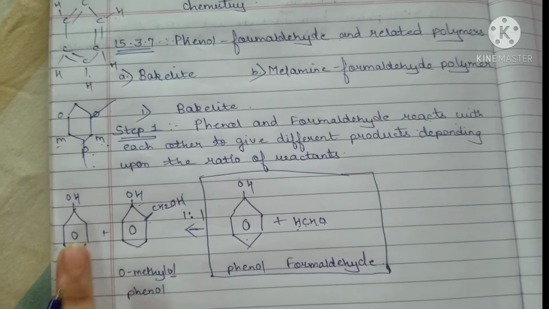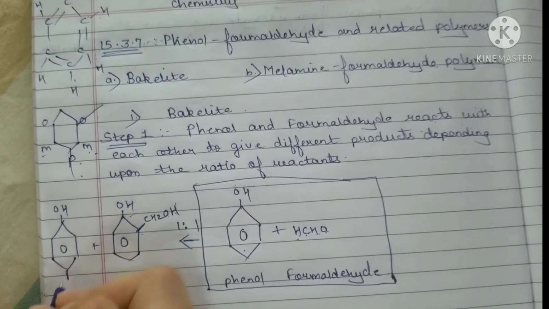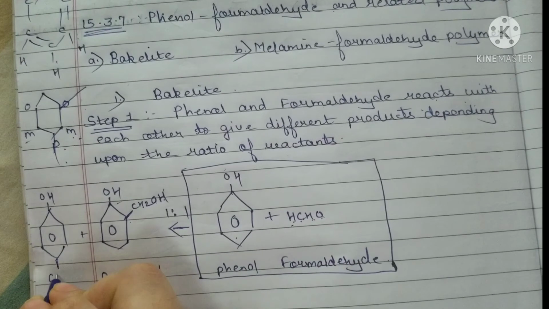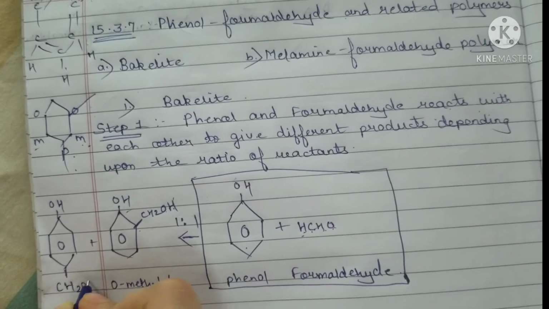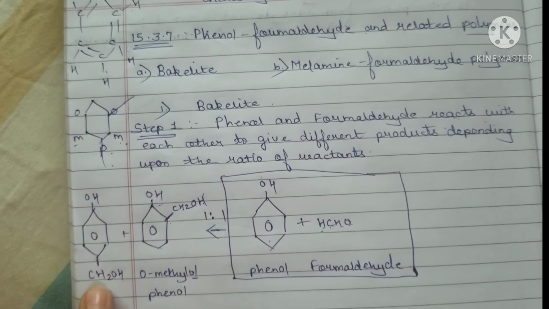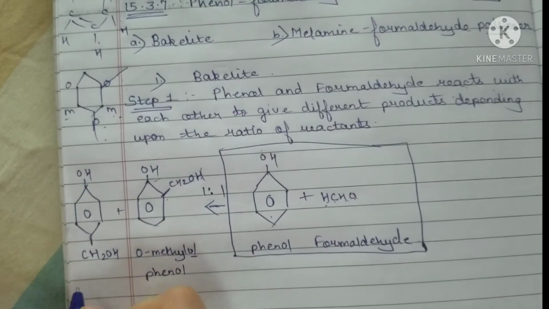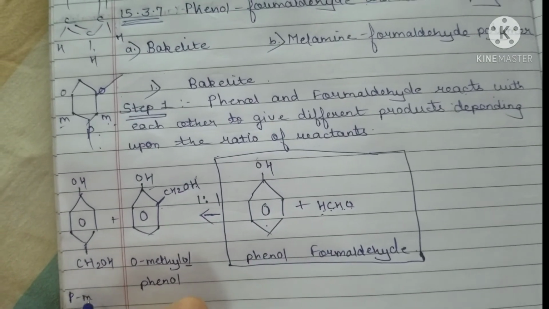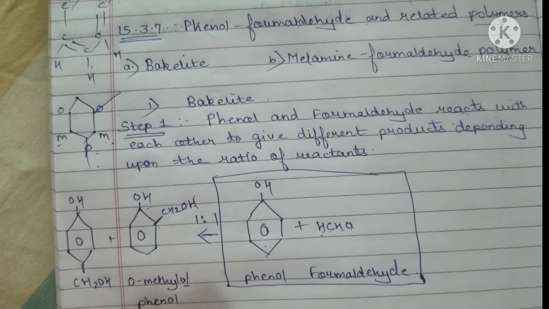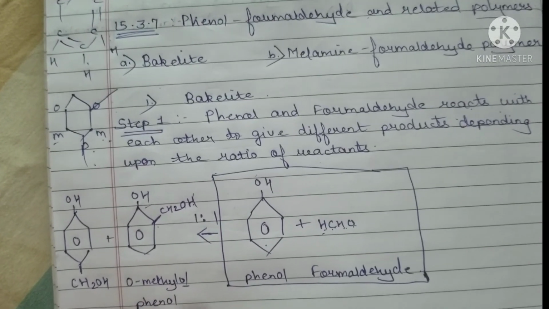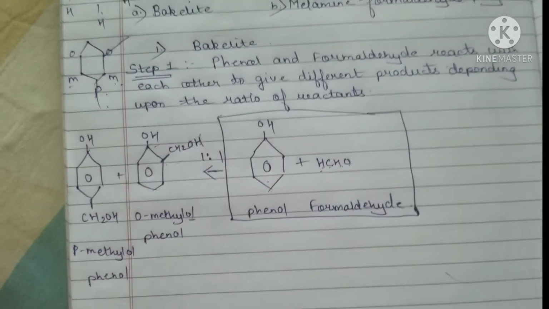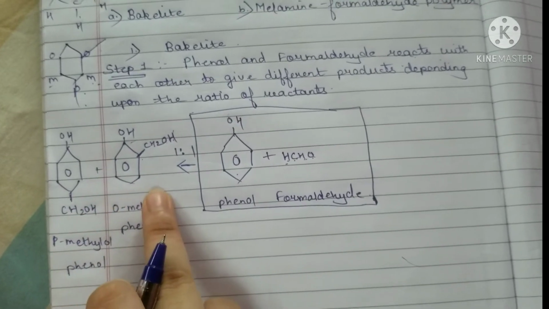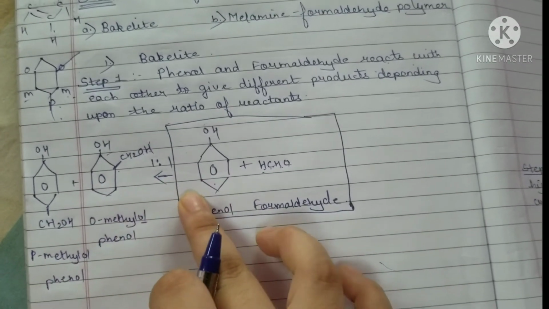I told you because meta is unstable. So here also, same, you will get CH2OH. Now because this is substituted at the para position, this will be called p-methylol phenol. So these are the two products that you will get when you use the reactants in the ratio 1:1.